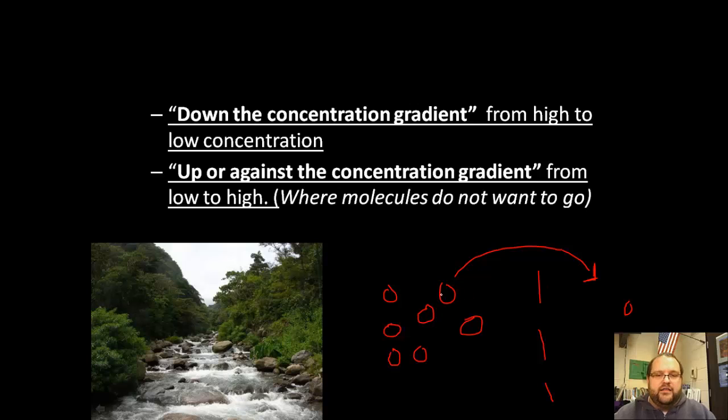So to get molecules to move this way is down the concentration gradient, and this doesn't require any energy. Now if we wanted to move these few molecules back this way, they don't naturally want to do that, so we'd have to spend energy. So this is down the concentration gradient, this is up the concentration gradient. This thing where they move from high concentration to low is called diffusion.